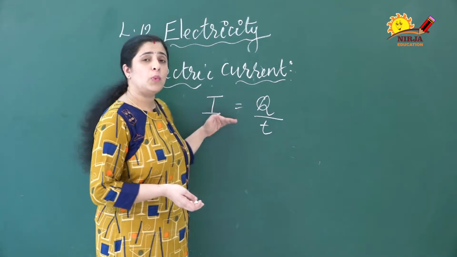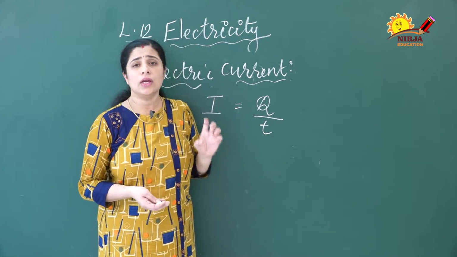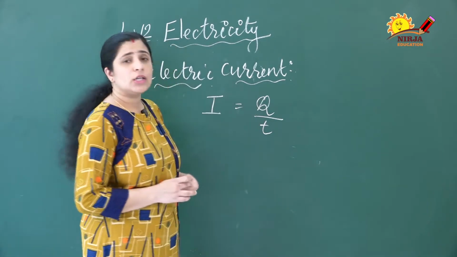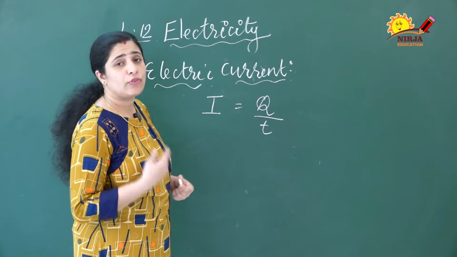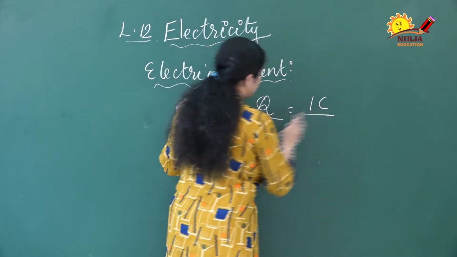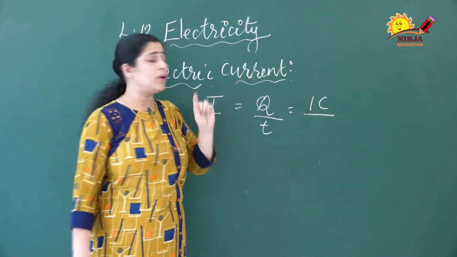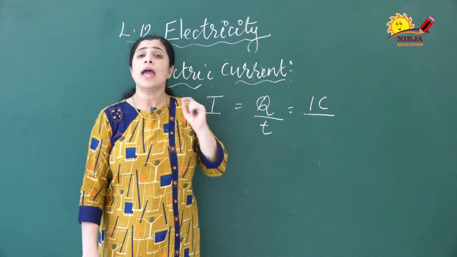This is the equation for electric current. This may come as a CBSE 1 mark question. All these points are very important. And Q, what is the unit for Q? What is the unit for charge? Already you have learned charge, the unit is coulomb. And T, you should take the SI unit. Whenever you are solving problems in physics, you should take the SI unit.